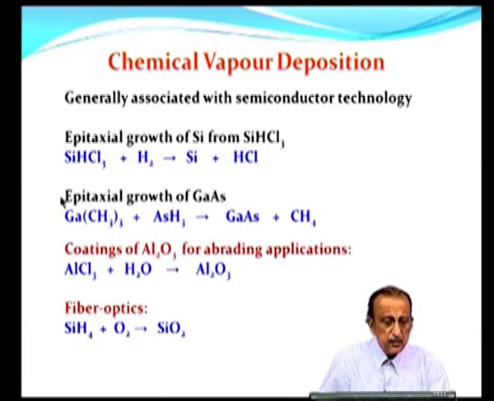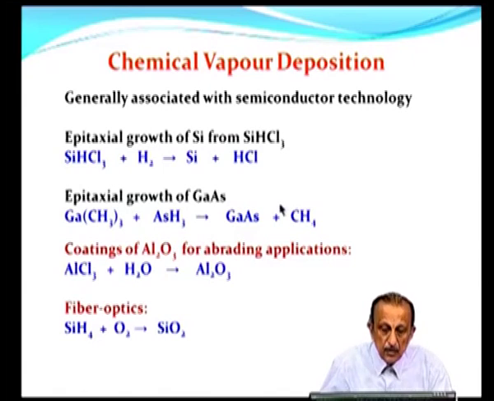So, this epitaxial growth is actually an important part of nanostructured materials, because these processes can be controlled with great precision to obtain, let us say, precisely 10.4 nanometers of thickness of gallium arsenide, for example.